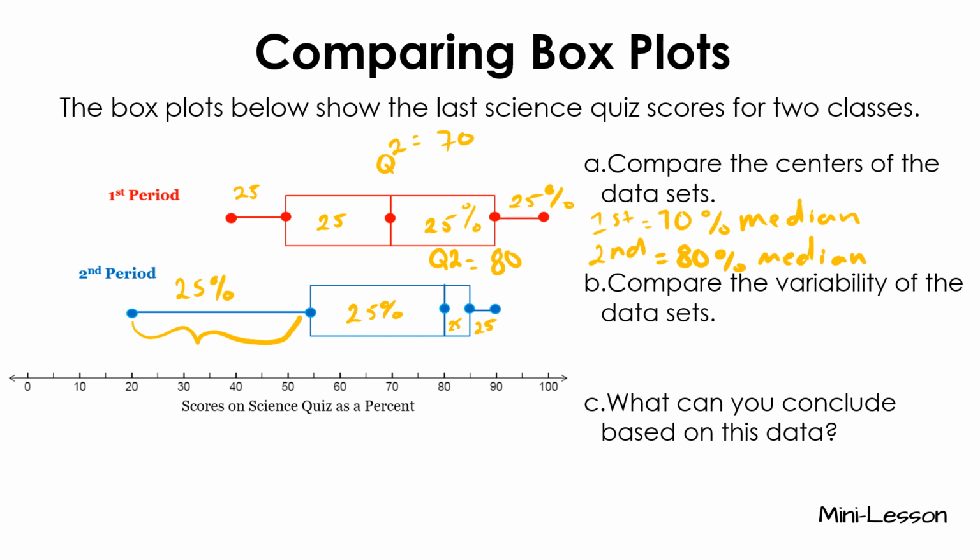The interquartile range, so I'm going to call that the IQR, which is the variability. IQR for first period. Let's see. You have 90 minus 50 is 40%.